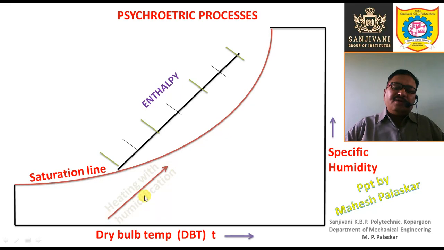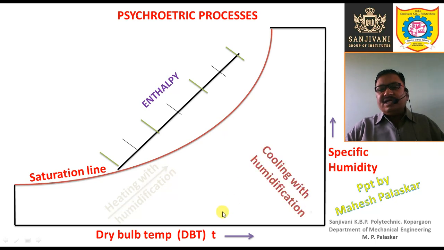So this arrow is pointing in the upward direction as well as in the right direction. It is an inclined arrow. So it is going upwards but not vertically upwards, and it is going towards the right but not horizontally towards the right. It combines heating with humidification, right? So this process, heating and humidification, will be represented by an inclined arrow like this.